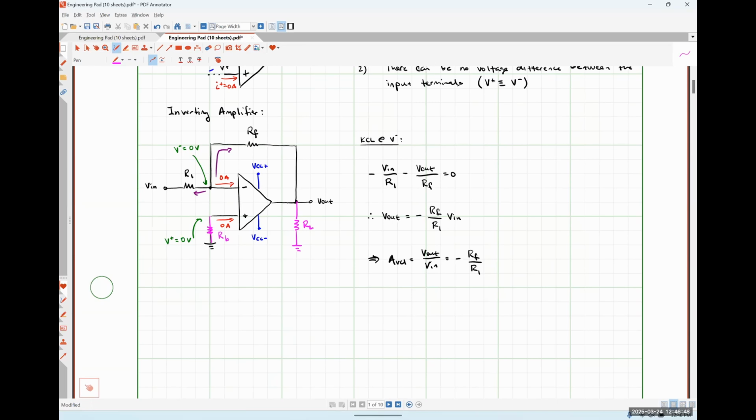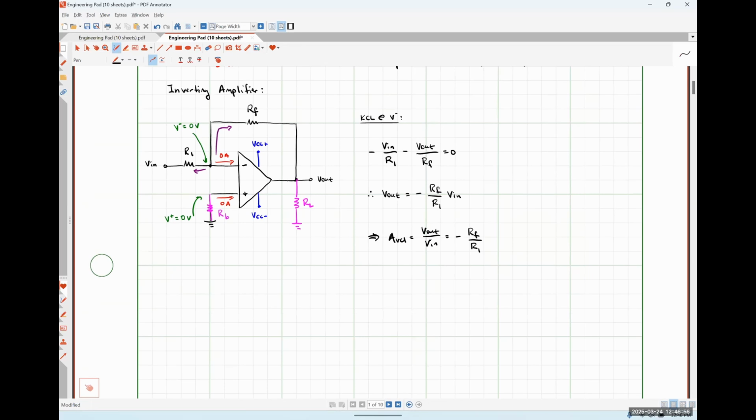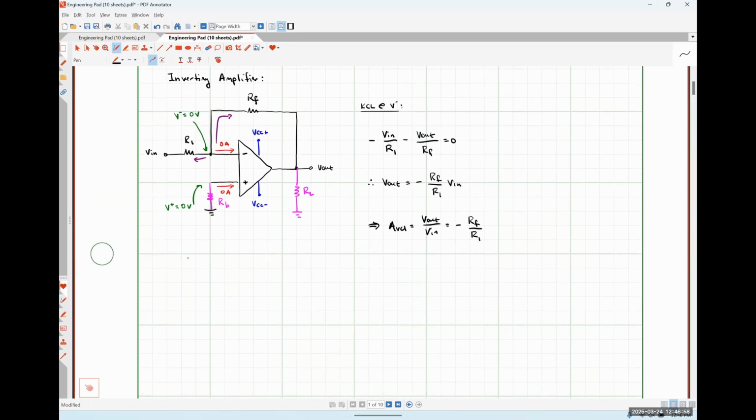Any questions about this guy before we move on to the next one? All right, so the next most commonly used amplifier is going to be the non-inverting amplifier, and it is going to look incredibly similar.